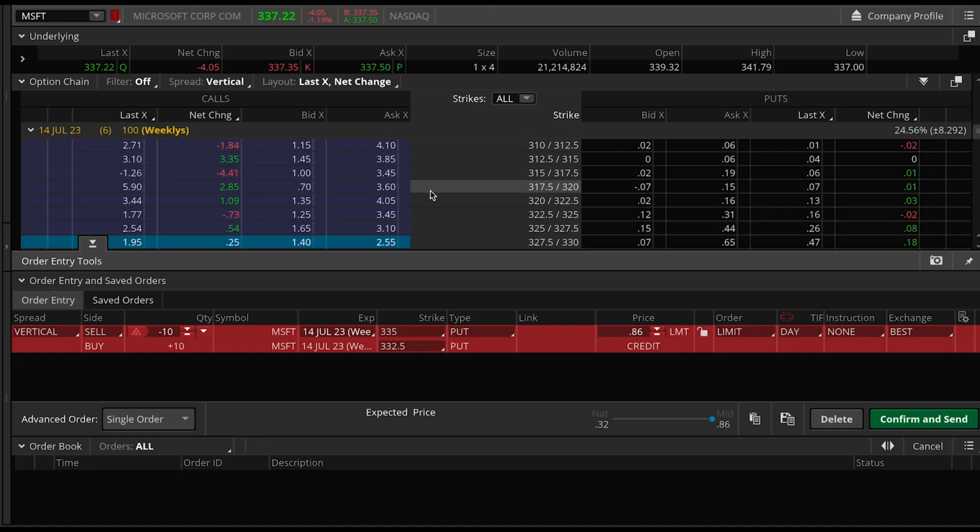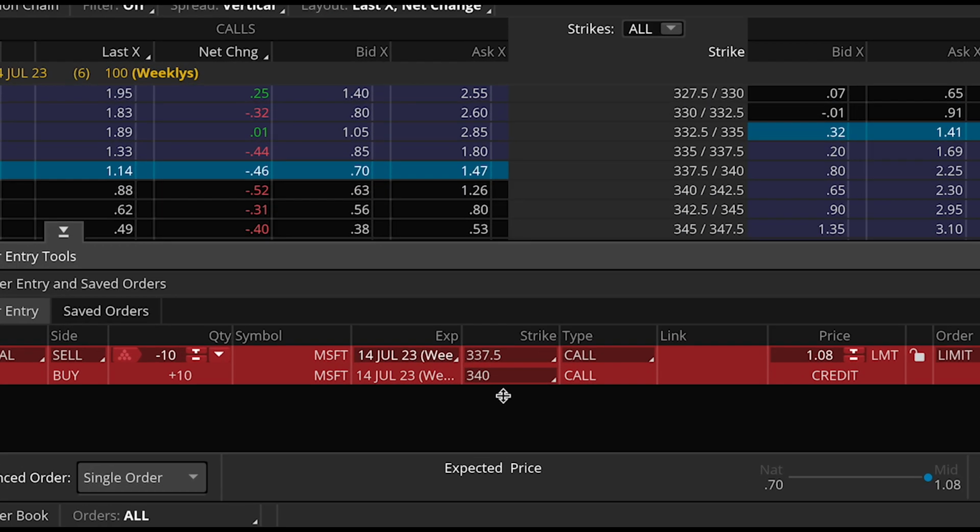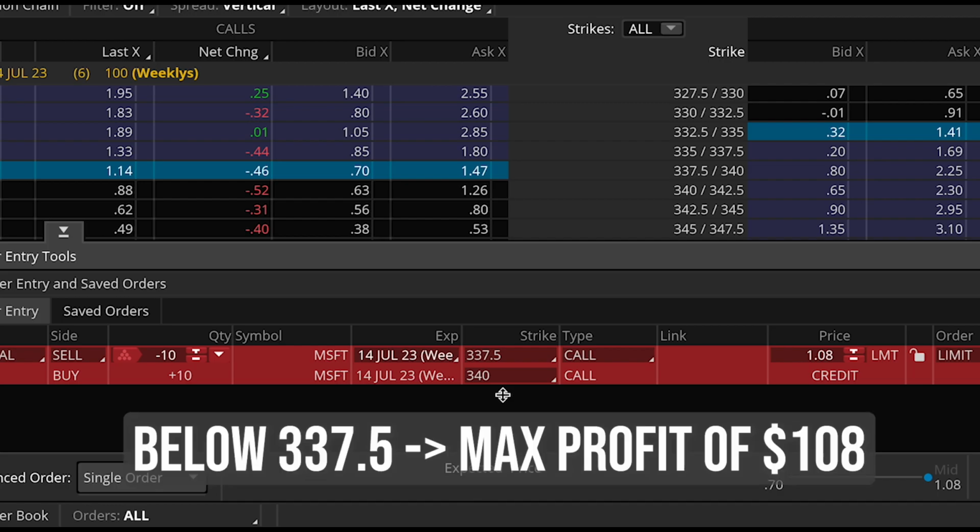So let's just go again to the one strike above, so 337.5 and 340. In this case, you would be selling a 337.5 call and you would then be buying a 340. If Microsoft were to stay below 337.5, you would make max credit of $108.